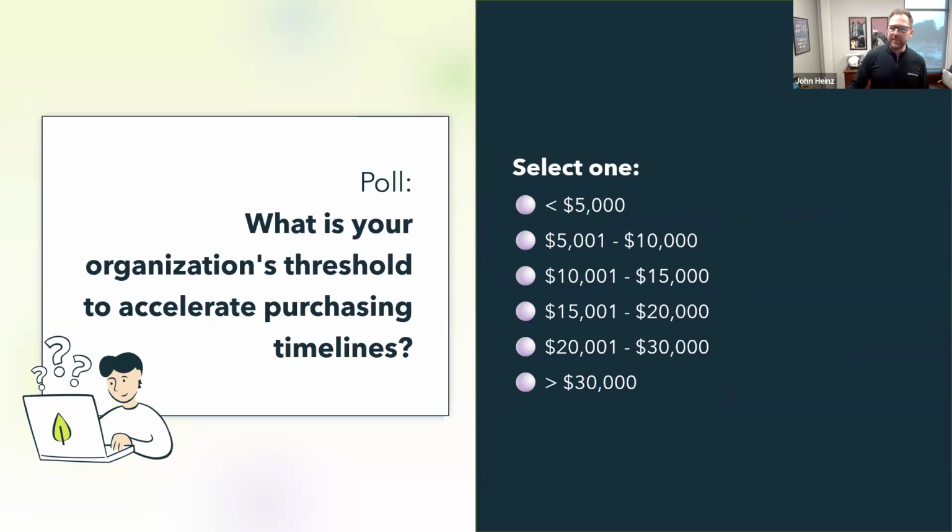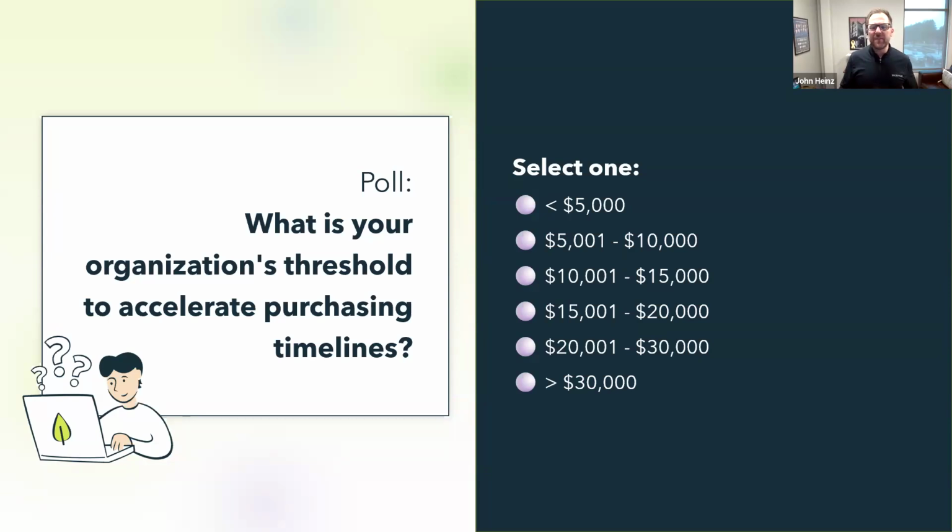The next question I'd like to ask revolves around, what is your threshold for buying? What do you have the authority to spend on software before you have to go through a formal process? Many of you said that you have to go through a formal process.